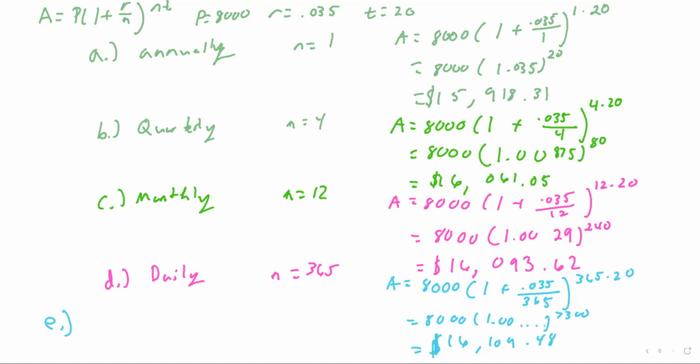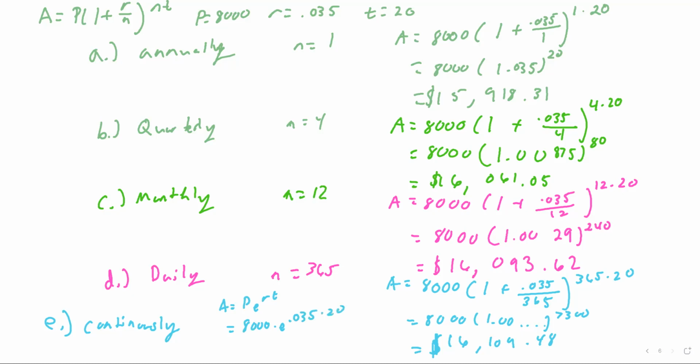All right, anyways, so to work on the continuously part, we're going to use the equation A equals P E R T. So that would be A equals P times e raised to the rt. In this case, that would be 8,000 times e raised to the 0.035 times 20.